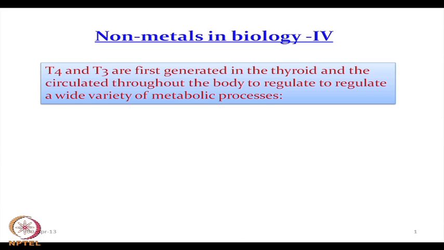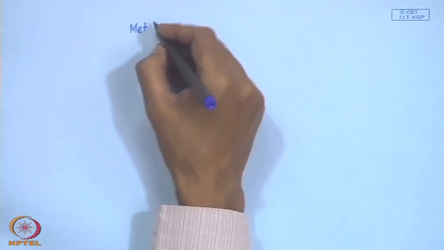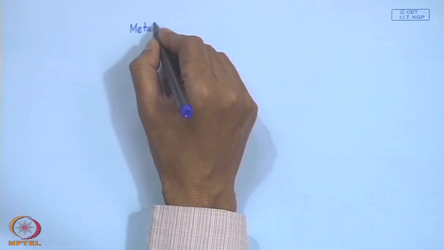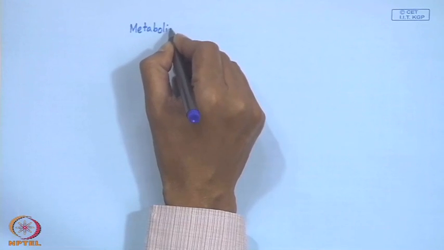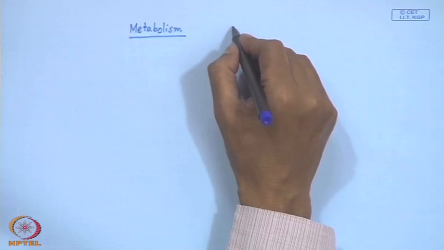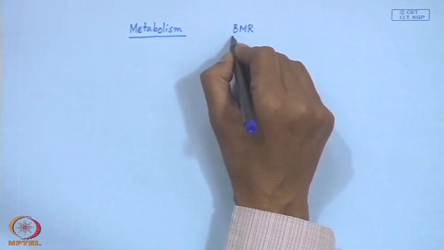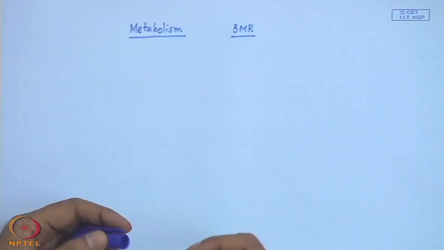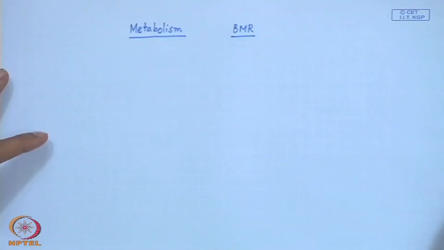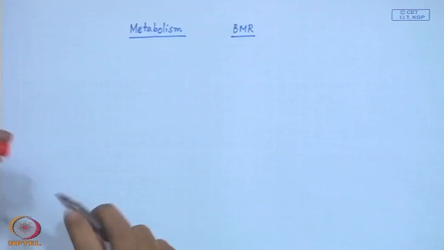If we look at our body metabolism, we know the very simple thing, the BMR, the basal metabolic rate, which is very important, and how we go for the different types of metabolic rate for anabolism and catabolism.